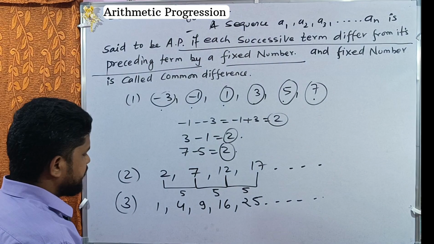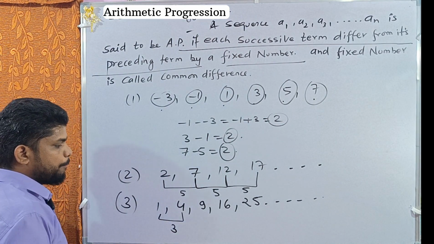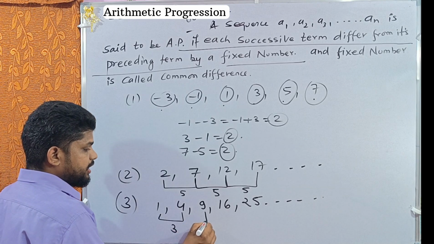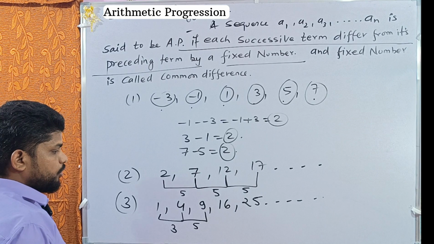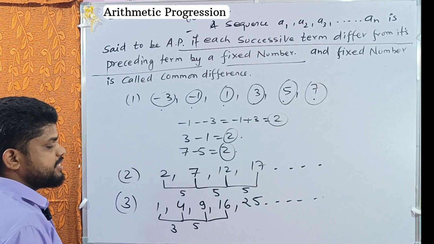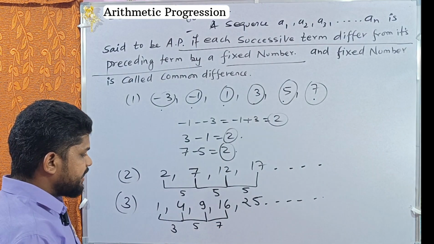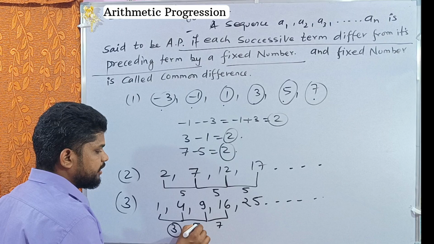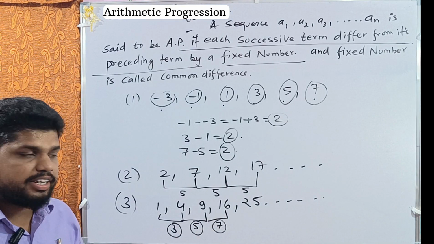Here you can see that the difference between the second term and first term is 3, but the difference between the third term and second term is 5, and the difference between the fourth term and third term is 7. So they do not have a common difference.